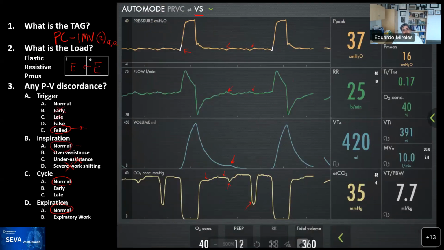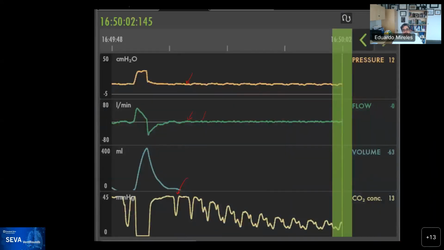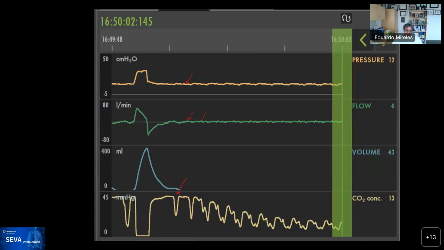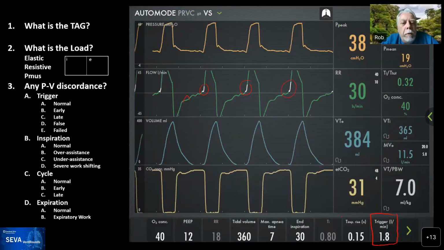So we got sabotaged by the capnogram, thinking that this was classic for a failed trigger, and then it got solved by a capnogram, which demonstrated the cardiac oscillations and how they matched with the cardiac rhythm. So your clue that there was something wrong after you fixed the sensitivity was that the CO2 went down, right? Well, what would drive the patient to do that, right?